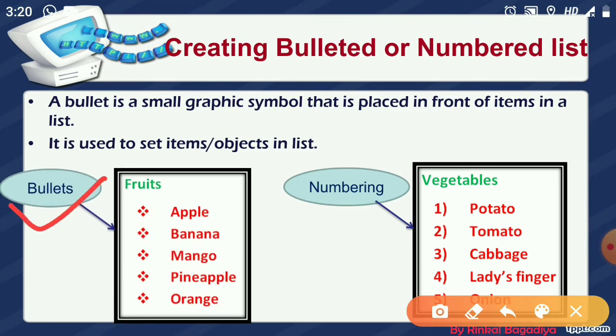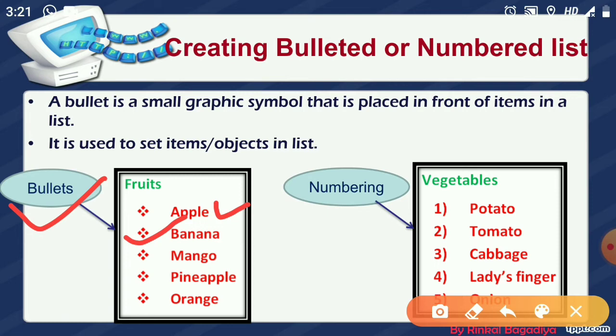I have made one list of fruits here using bullets. Every time I press enter after typing the first object, the second bullet will automatically come. Then I just have to type the next item name. No need to take bullets every time.